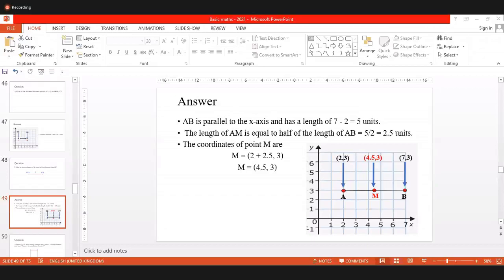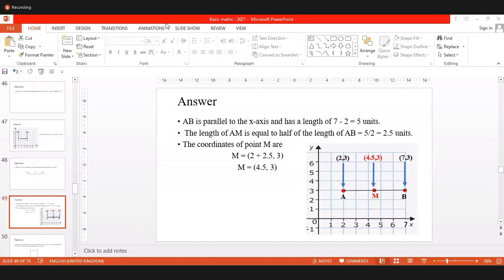From A to B there is a 5 duration. That means we can find the length between A and M and between M and B by dividing 5 by 2. That means 2.5 units.